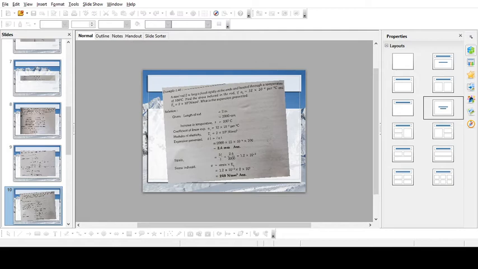So tensile load in the first bar means stress into area of the first bar is equal to stress into area of the second bar. So this is nothing but the formula for load. Load is equal to stress into area. Both the loads are equal.